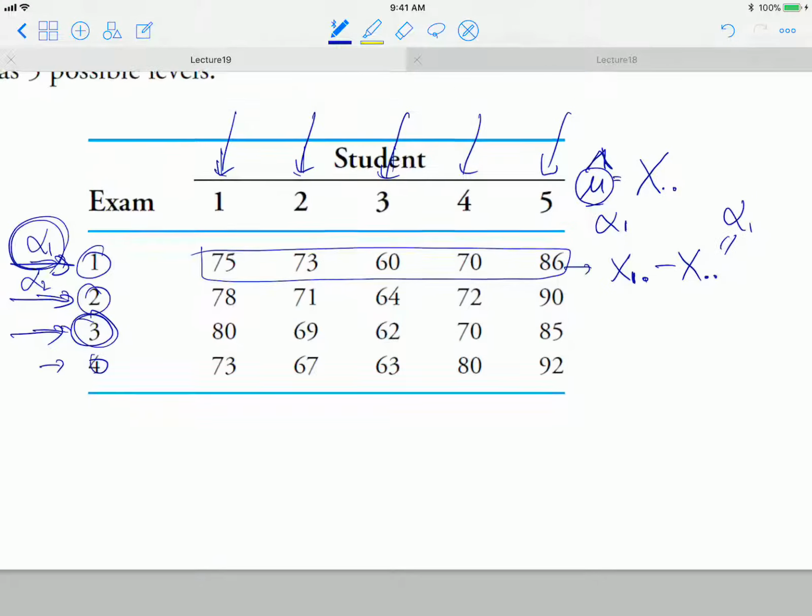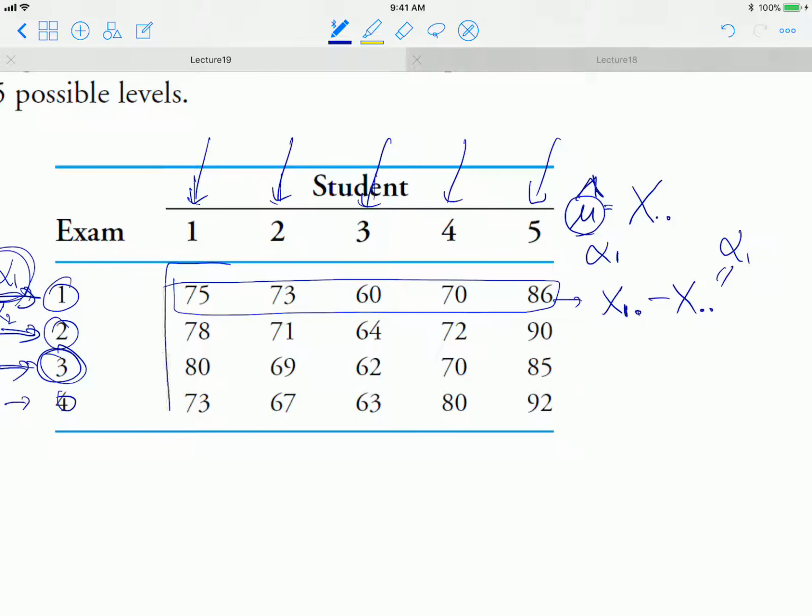But now we do this thing on this vertical factor, or the student factor, right? And so we take the average of these, and then how do you represent it? It is x dot 1, right? And then minus x dot dot. What is this? I mean, what kind of estimator is this?